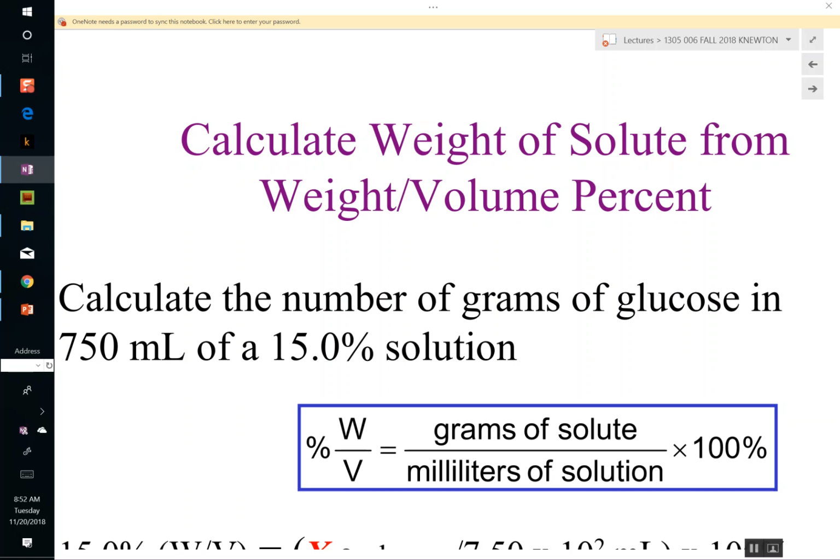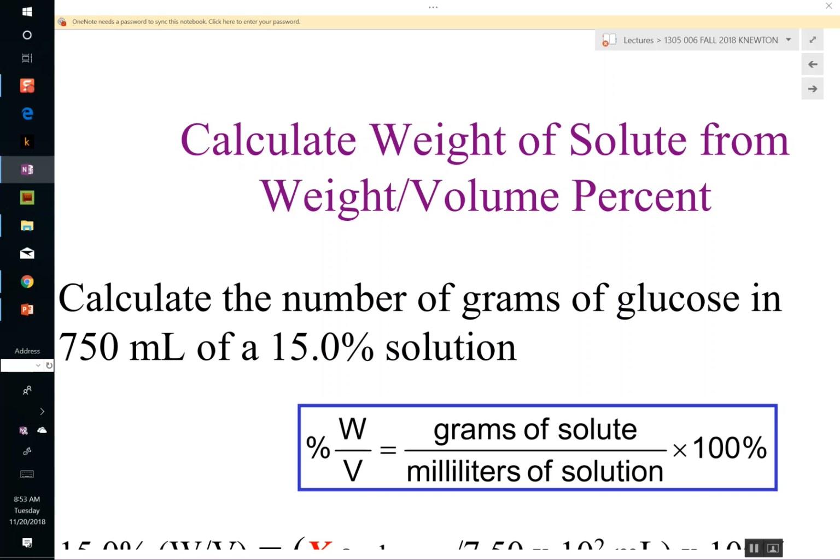Remember, you should be bringing the calculator you bring into your exams. What do you got? 112.5. Okay, I like that. She said she didn't know she got it right. 112.5 grams. Okay?